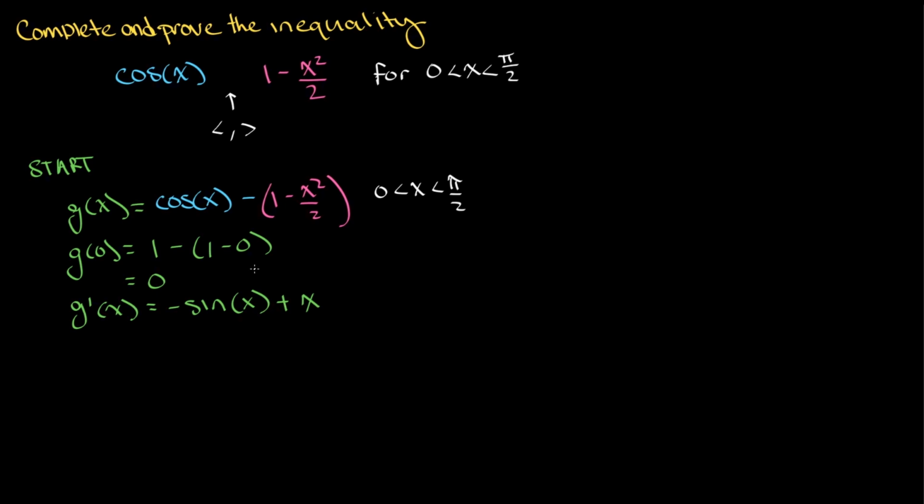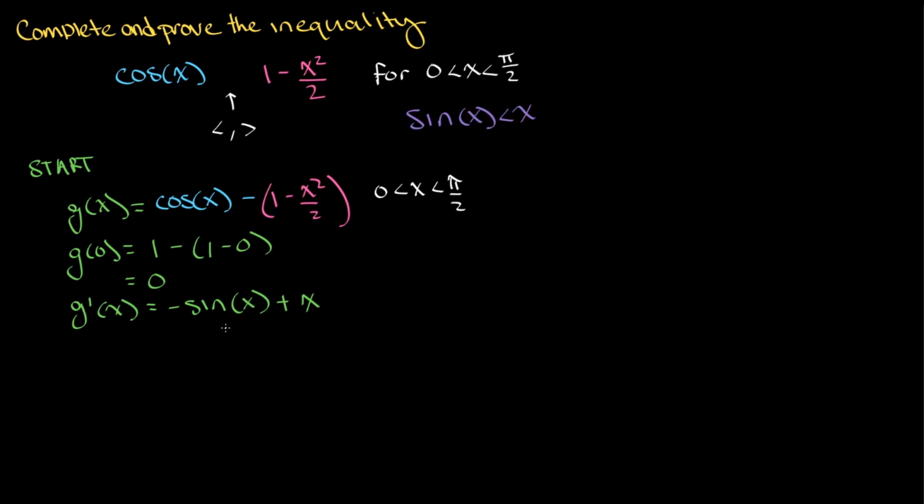And if you can remember, in the last video, we actually did this. We proved in the last video that sine of x is actually less than x on this interval. And we proved that in the last video, maybe go check it out if you didn't see that.